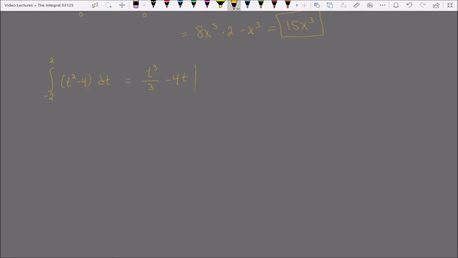This will now be evaluated from t equals negative 2 to 2. That means plug in 2 first. So we get 2 cubed over 3 minus 4 times 2, minus, now evaluated at negative 2, negative 2 cubed over 3 minus 4 times negative 2.